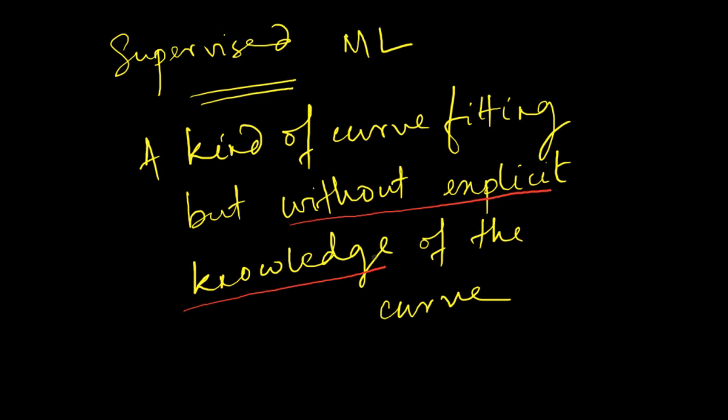And so some of these algorithms may be called machine learning, may not be called machine learning. There can be some debate about it. But as we go to more advanced algorithms of machine learning, our knowledge of the explicit curve that we are fitting goes down quite rapidly. And as we approach the more complex models that are in use now, some of the deep learning models, there we almost have no idea about what the curve looks like.